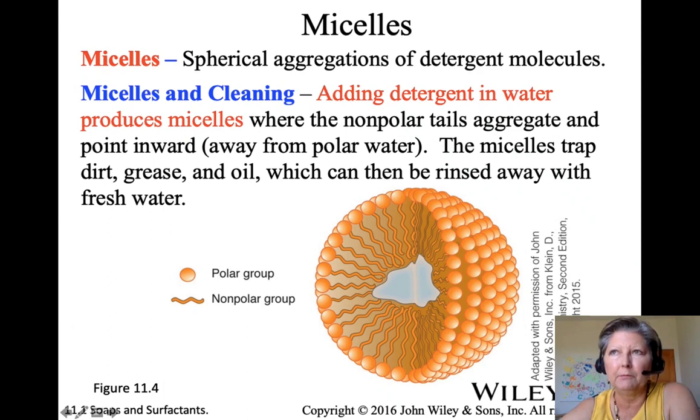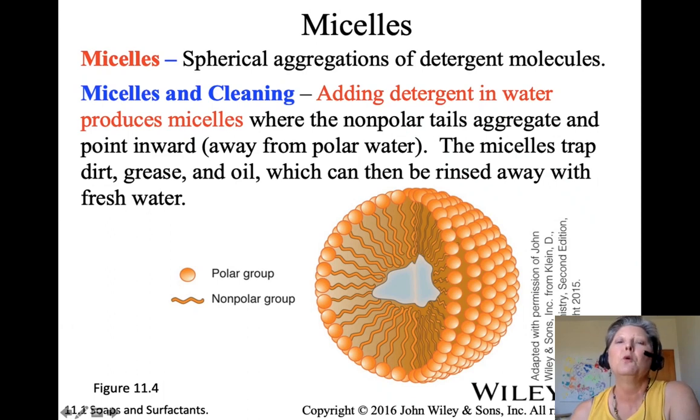We talked about these a little bit in, I think it was, the Water and Other Solutions chapter, where we talked about how we could make oil and water miscible by using emulsifiers, and how the nonpolar group wants to aggregate together around, for example, an oil droplet, or the oil of salad dressing, and the polar group wants to stay associated with the water, and it breaks up the oil into small groups in the water and emulsifies it.